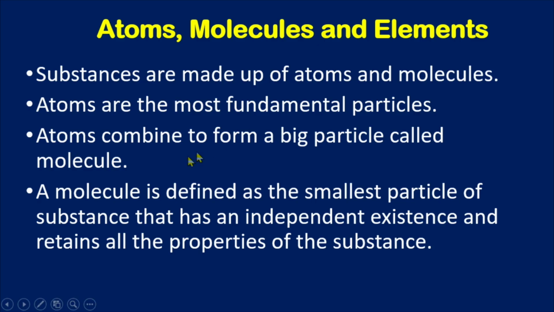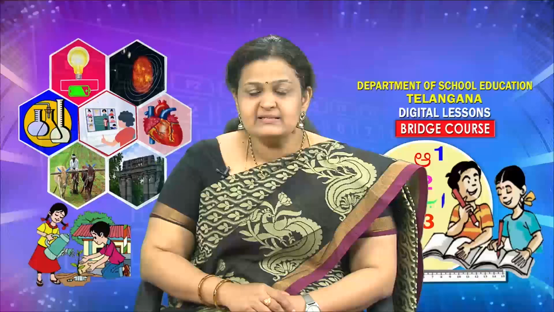Okay children? A molecule is defined as the smallest particle of substance that has an independent existence and retains all the properties of the substance. So suppose children, we are talking about carbon dioxide gas. Okay children, if we are talking about carbon dioxide gas, then every constituent particle in the gas is a molecule of carbon dioxide. Are you able to understand children?